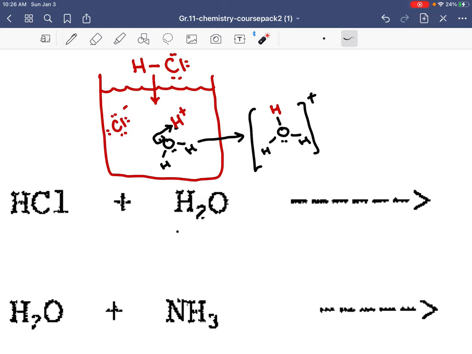Only hydronium would exist because it's stable enough to do so. Now, mathematically, this is something that I want you to write down: the concentration of H plus is always equal to the concentration of H3O plus.